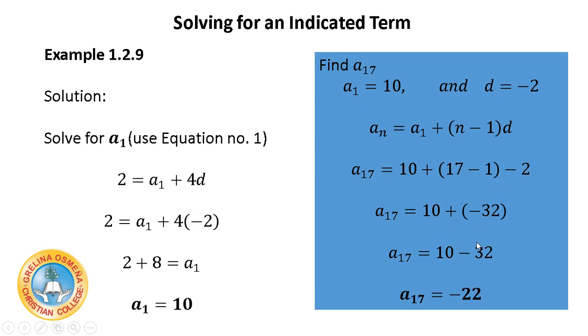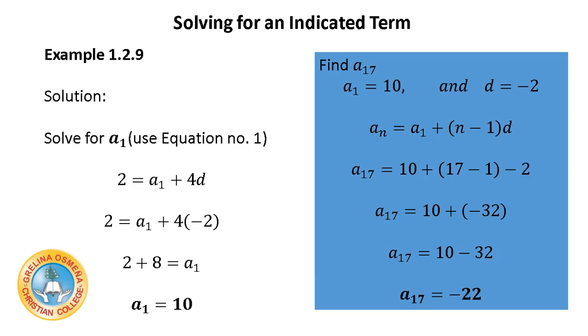So 10 minus 32, we have a sub 17 equals negative 22. Okay, that's how you answer arithmetic sequence and arithmetic series. Okay, that's all.